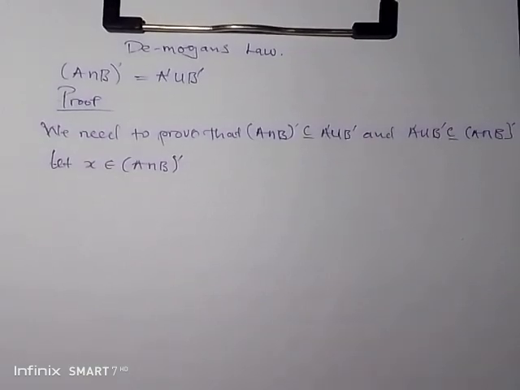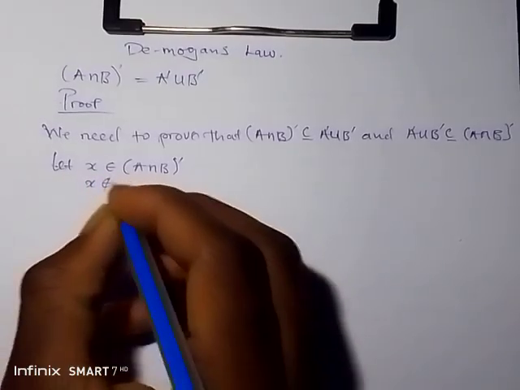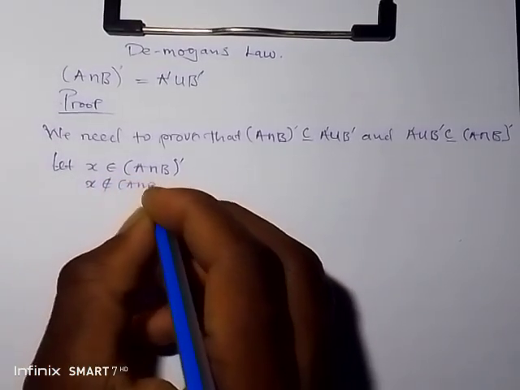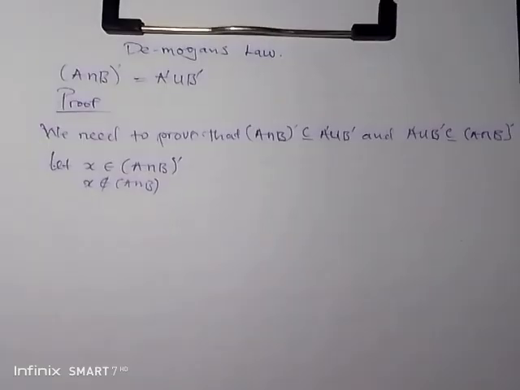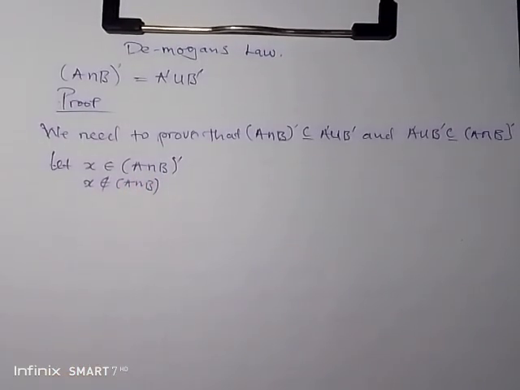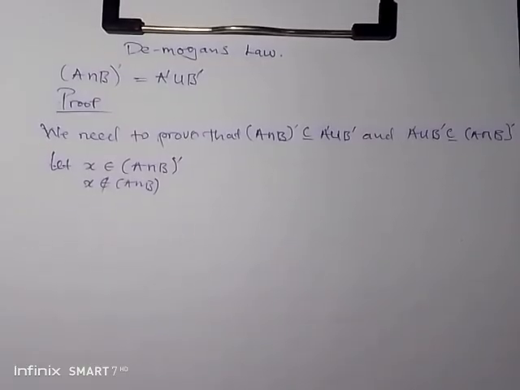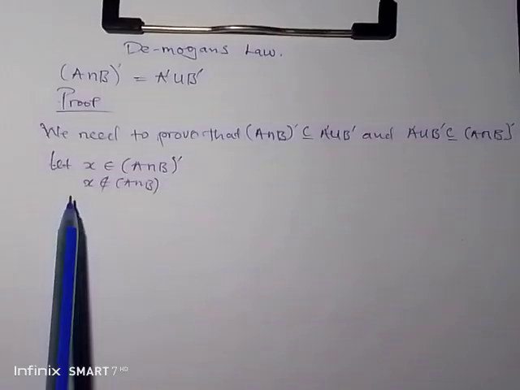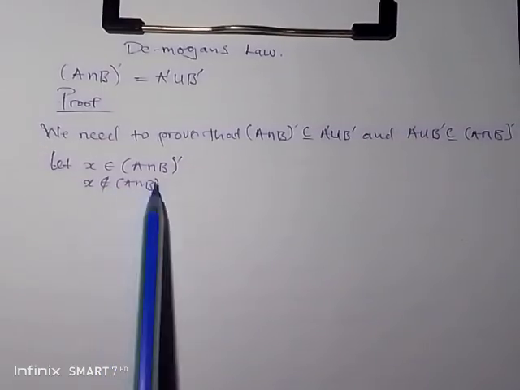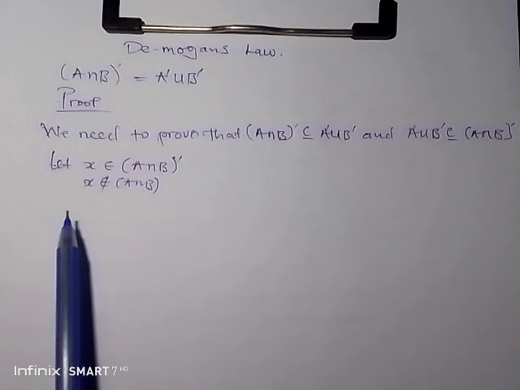Then you know that X is not a member of A intersection B. Why? Because it is a member of (A intersection B) complement. Then if X is not a member of A intersection B, of which set could X be not a member?